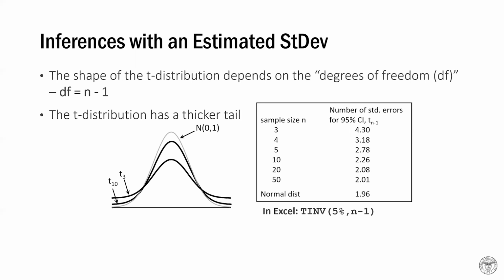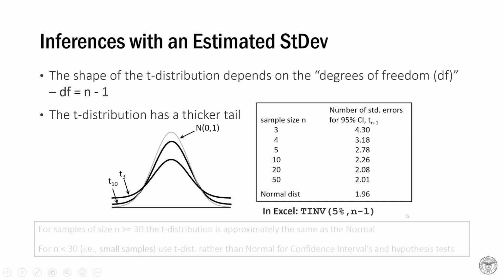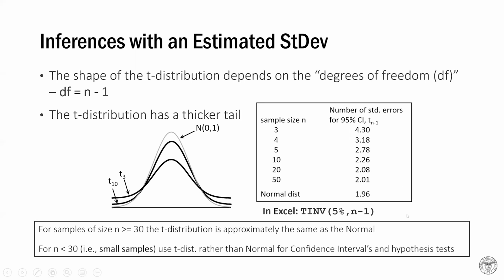In this situation, we may use the z value instead, although we may use the sample standard deviation S to estimate the population standard deviation, sigma. However, if the sample size is less than 30, we must use the t distribution rather than the normal for confidence intervals and hypothesis tests, as we will discuss further later.